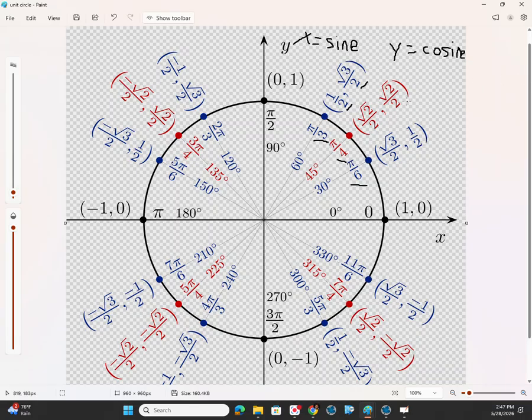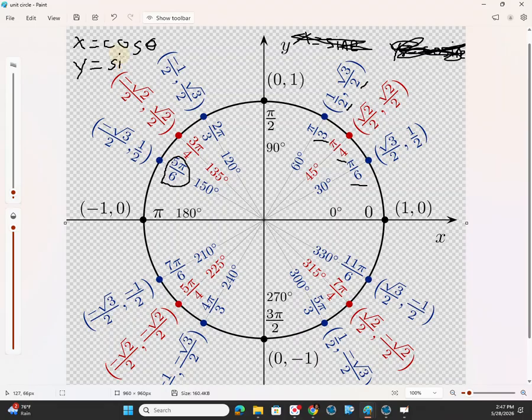Okay. So, for example, what is the sine of, let's say, 5 pi over 6? Oh, goodness. This is absolutely backwards. Please don't listen to me. I was so concerned about the writing it. Remember, x is the cosine of theta, and y is the sine.